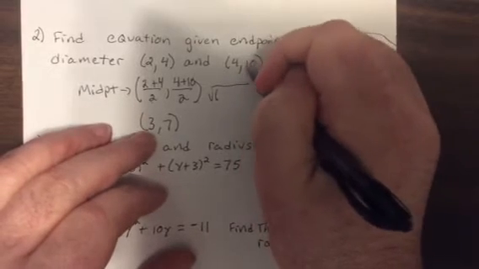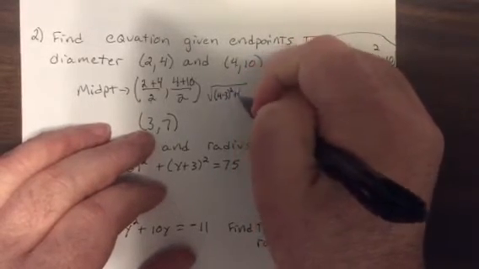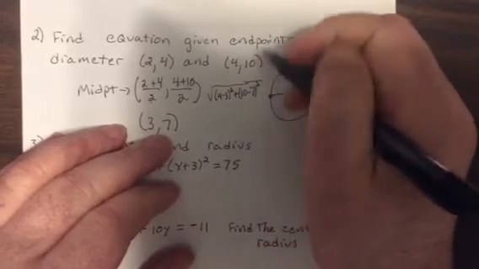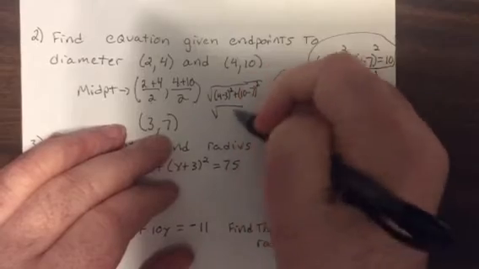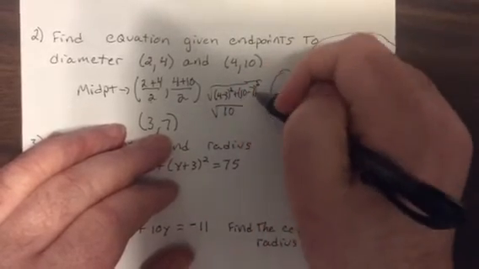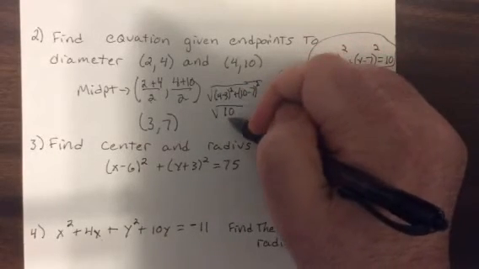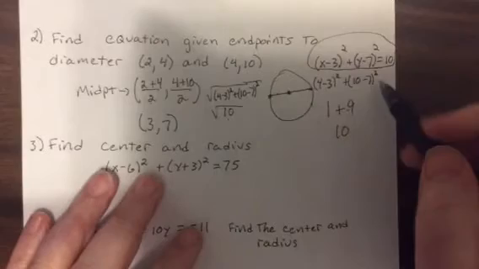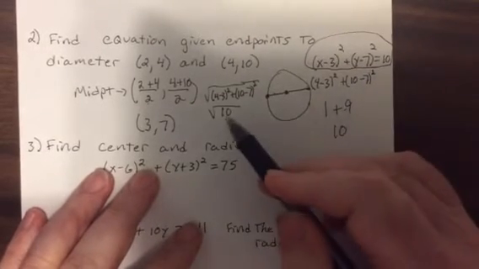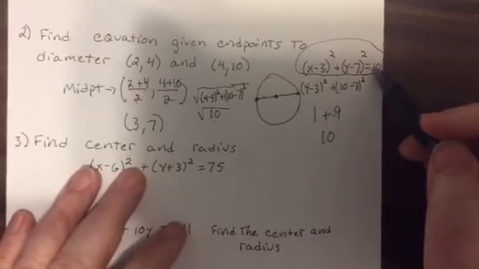So let's do 4, 10 again. (4 - 3), the x, squared, plus the y squared, (10 - 7) squared. So that would be the square root of 10. 4 minus 3 is 1, squared is 1, 10 minus 7 is 3, squared is 9, 1 plus 9 is 10. Now, on the other side of the equation, that's r squared, so if r is square root of 10, r squared would be 10.